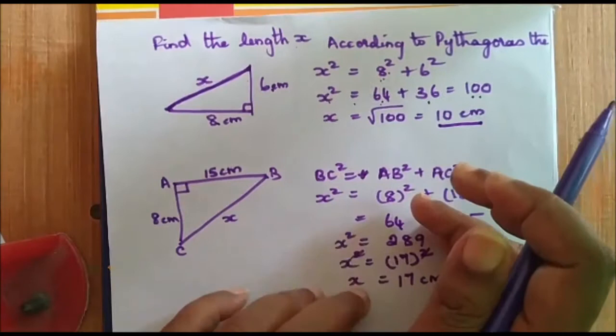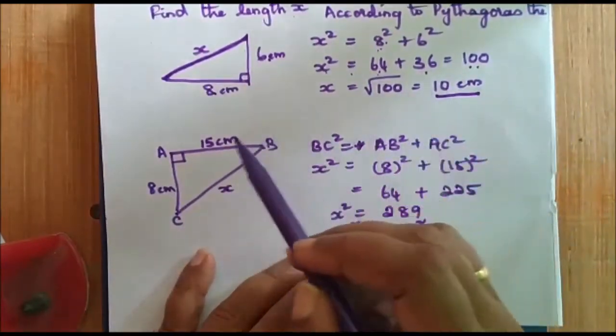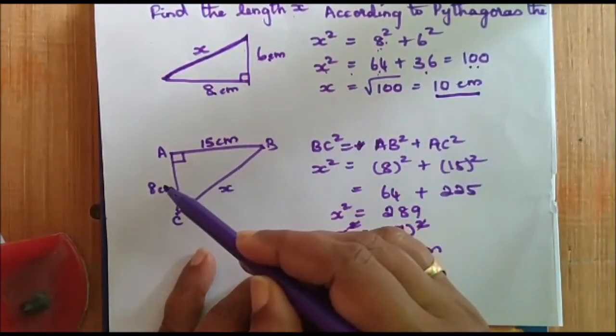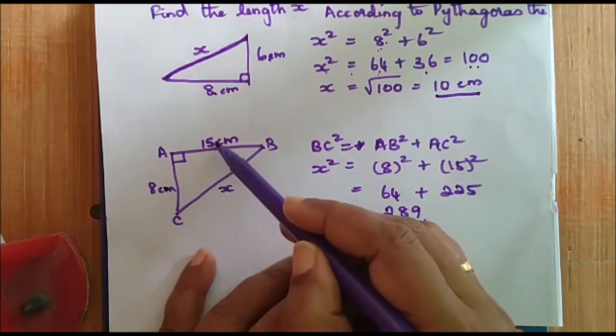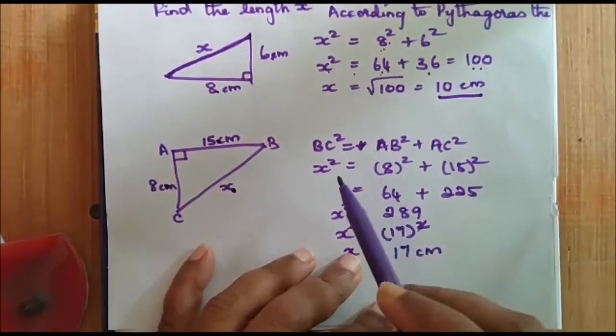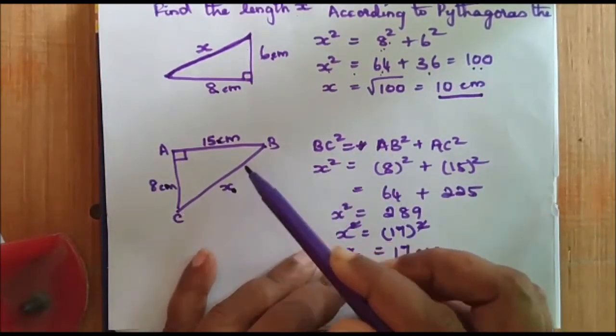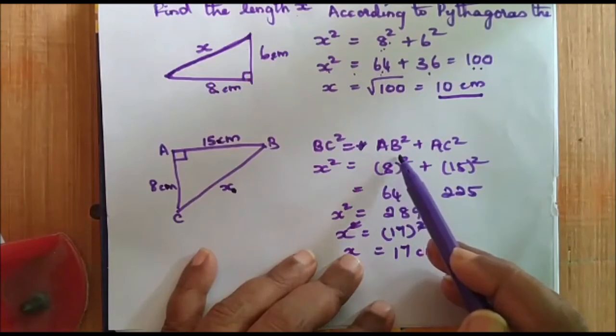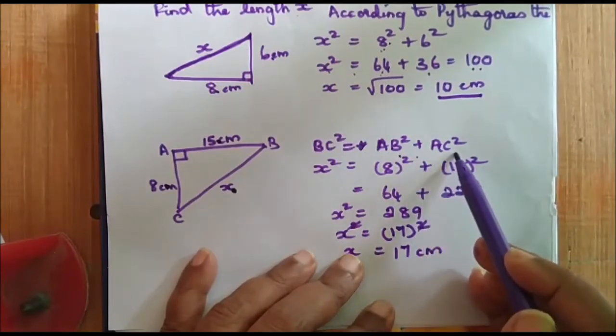Okay. Similarly, we will solve another problem. The two sides are given, 8 centimeters and 15 centimeters, and we are asked to find the hypotenuse, which is x. We know from the Pythagoras theorem that BC squared is equal to AB squared plus AC squared.